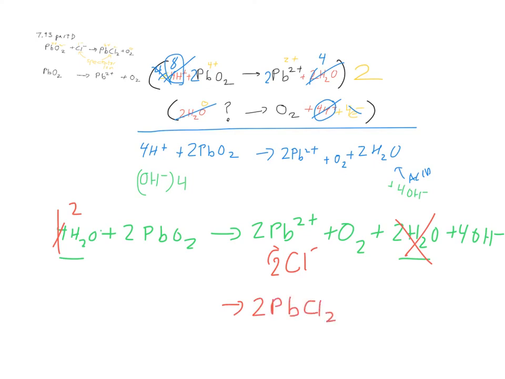So I had to use 4 chlorides to do that, so I'm simply going to add 4 chlorides to this side of the equation. And 2 waters plus 2 lead oxides. And that's it. That's how you do it.